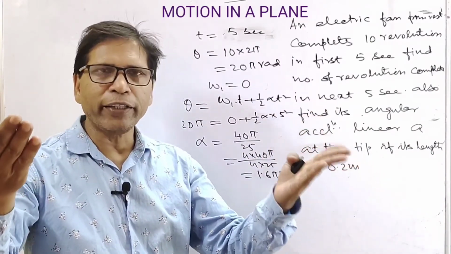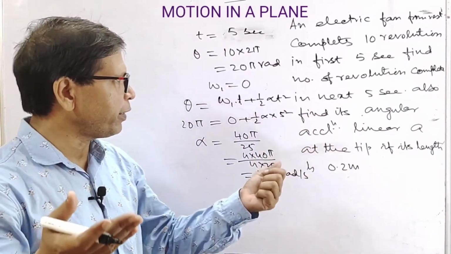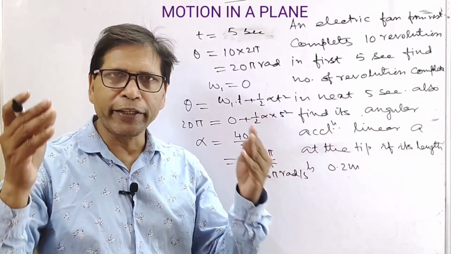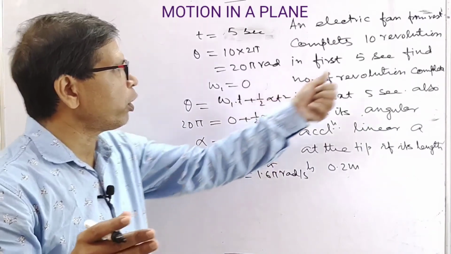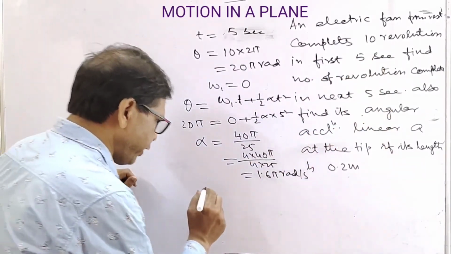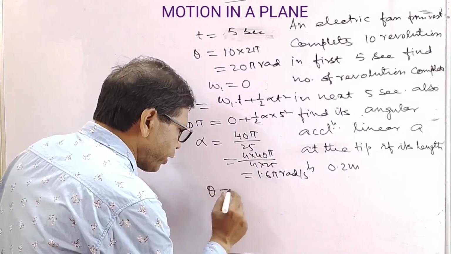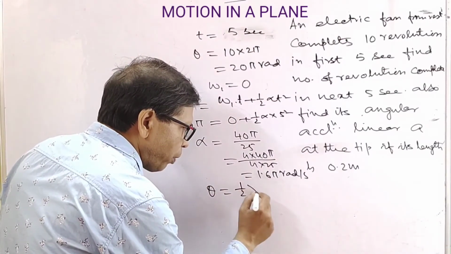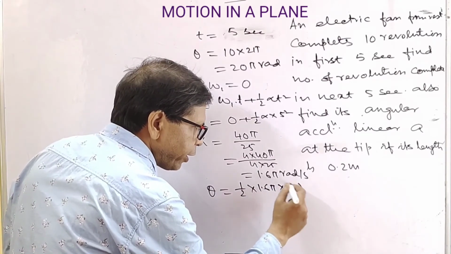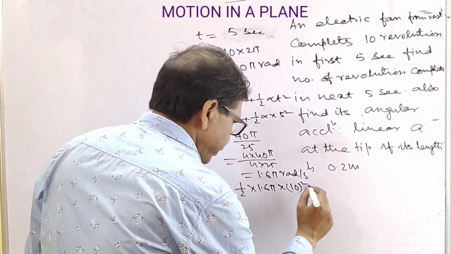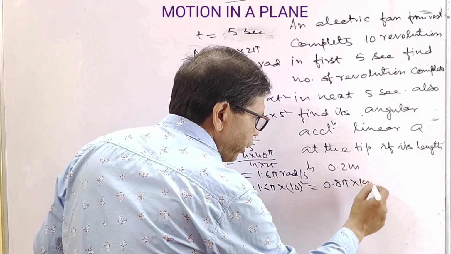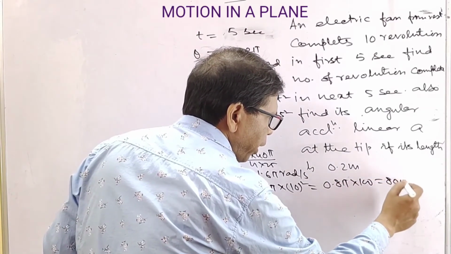Okay, to calculate the number of revolutions completed in the next 5 seconds, we have to calculate the displacement in total 5 seconds plus 5 seconds, 10 seconds. So in 10 seconds, theta equals half into alpha, alpha means 1.6 pi, into t square, that is 10 square. So this is 0.8 pi into 100, which is 80 pi.